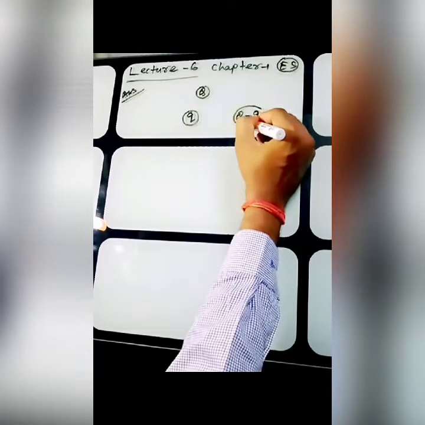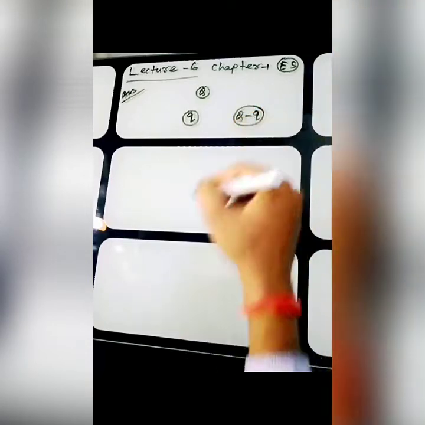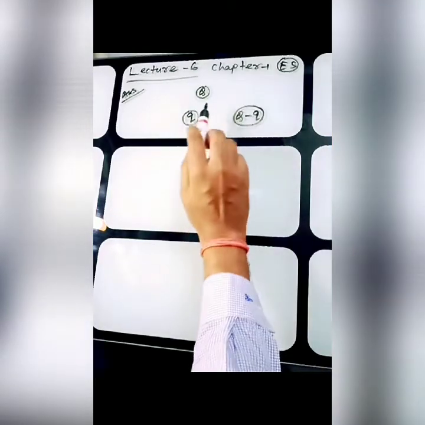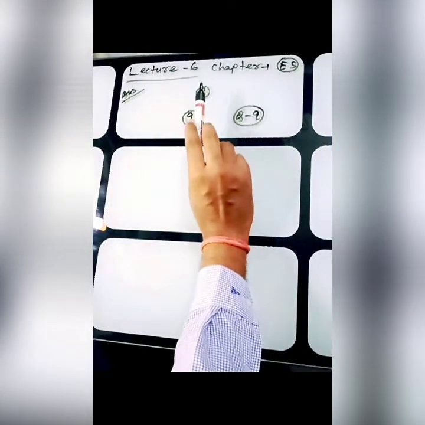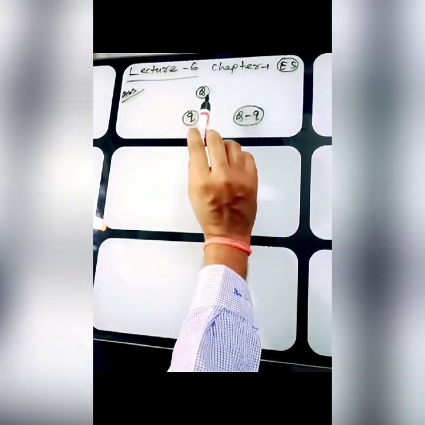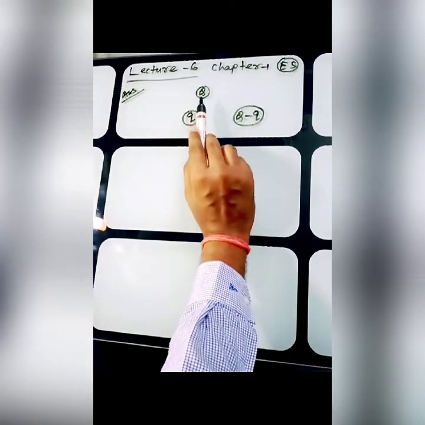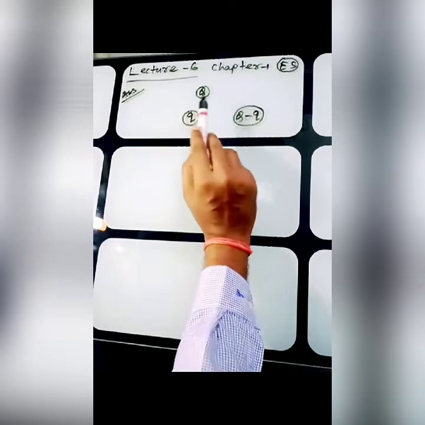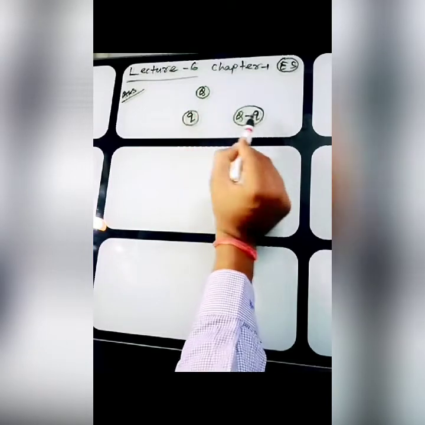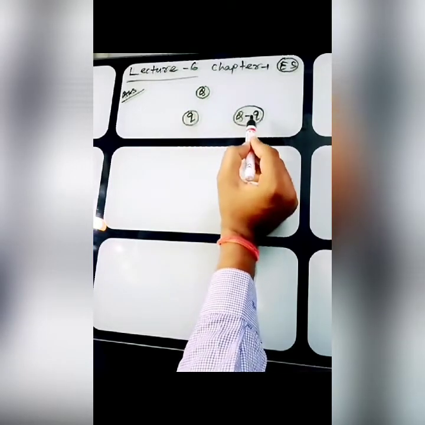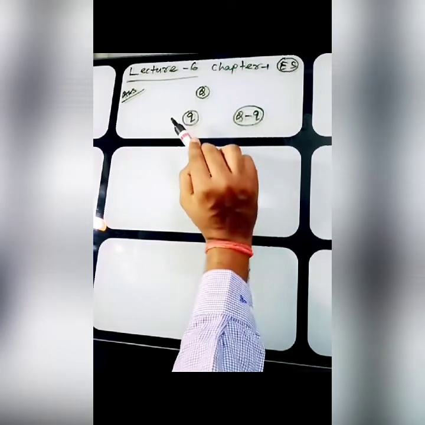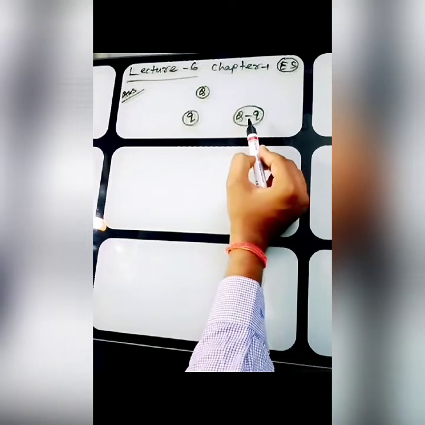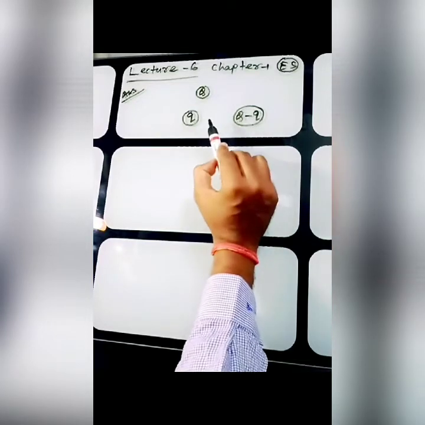The charge Q is divided into two parts, q and Q minus q, such that the two parts exert maximum force on each other. Remember, I'm not giving any condition for the separation.